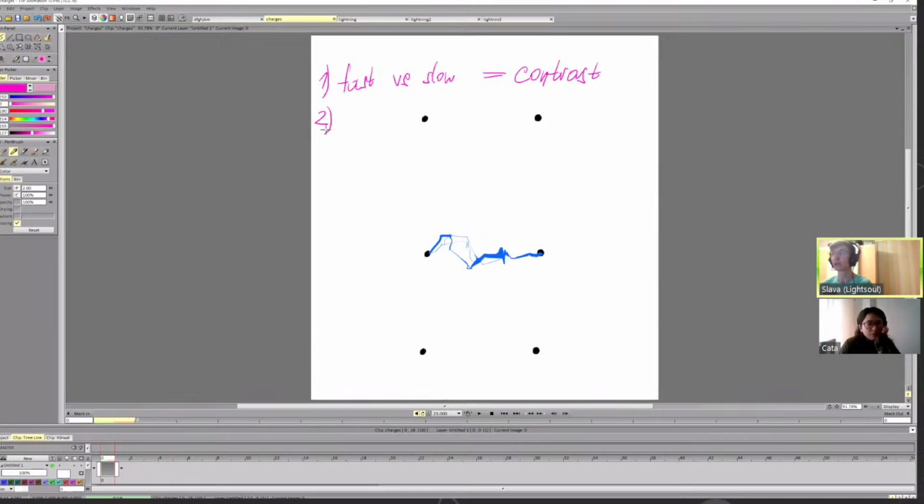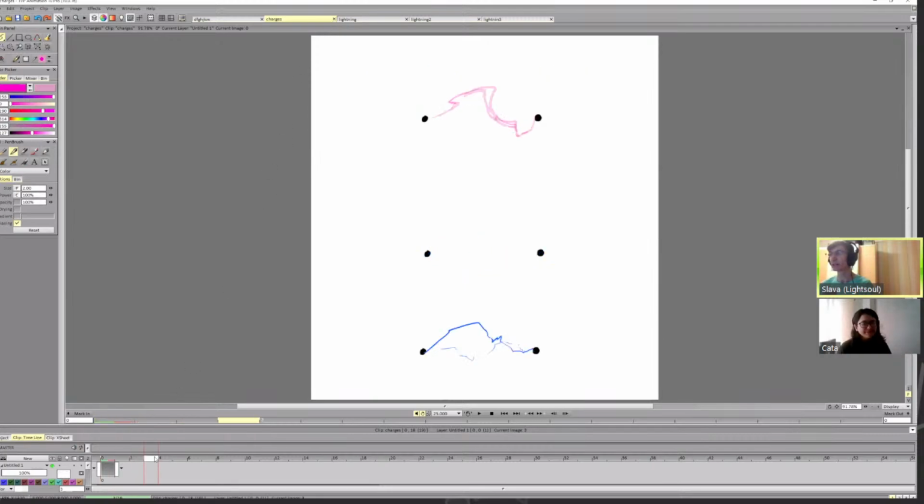Second, flickering. Because charges happen so fast, we don't see every charge, and the charges appear and disappear within fractions of a second. So what it means is that we can skip frames.